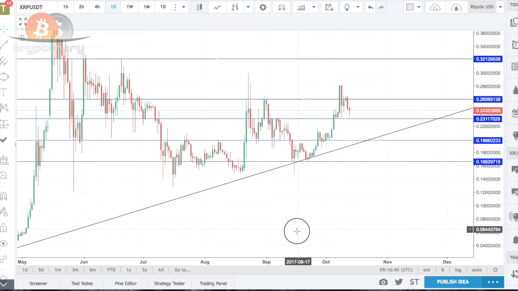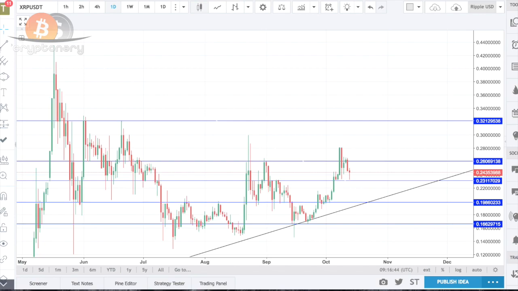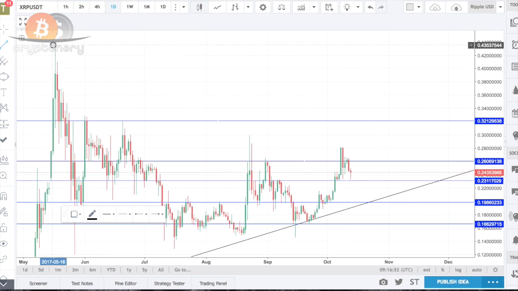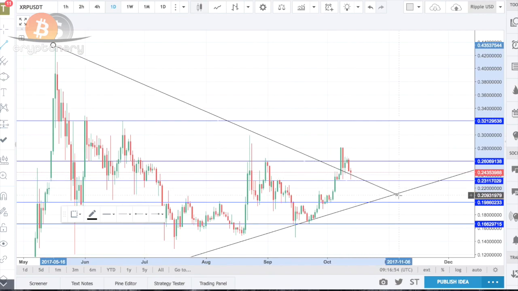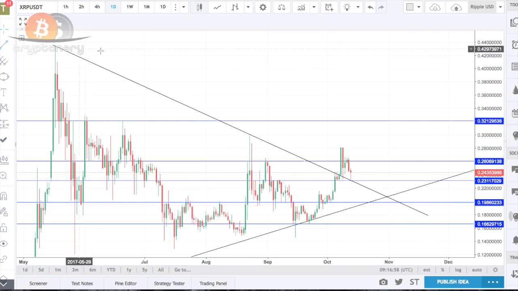Now, when it comes to the counter trends, we have just broken one of the key counter trends, and this is essentially what's going to send XRP absolutely soaring to the $1 region. So if we set this here and we extend this all the way down, you will notice it perfectly broke out.